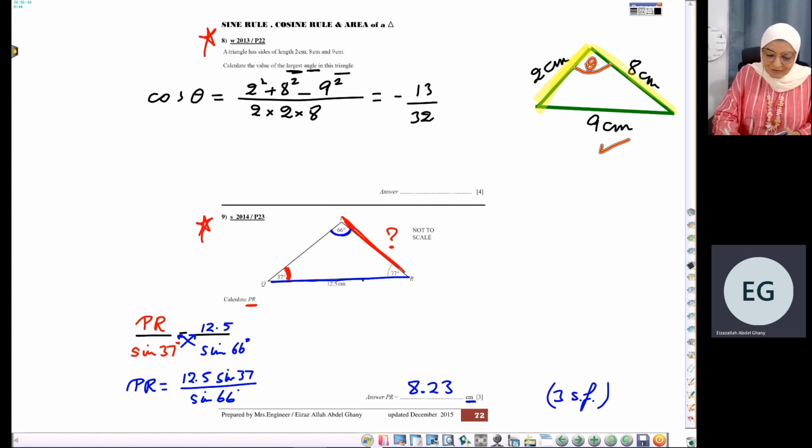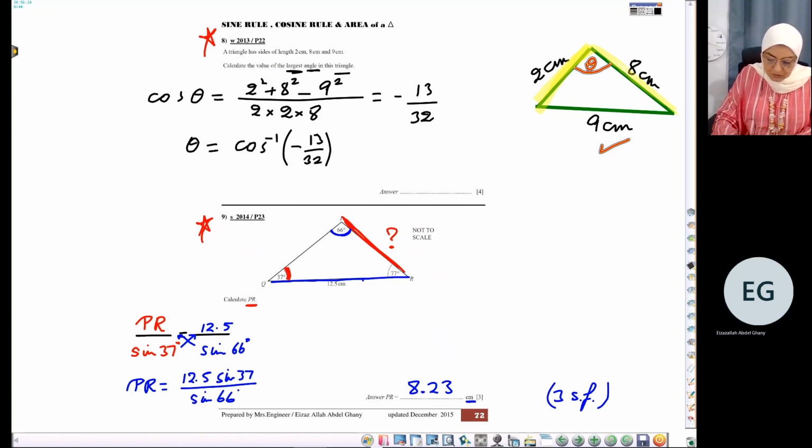So now, in order to find the angle theta, you simply write on your calculator shift cosine answer equal. It will be an obtuse angle. Cosine inverse negative 13 over 32. The angle will be 113.969.